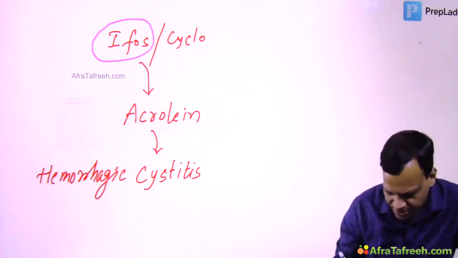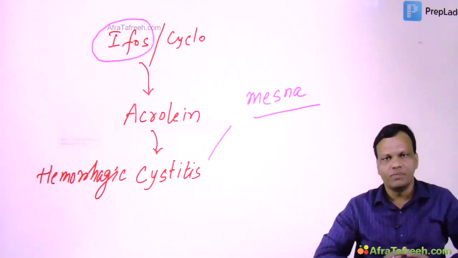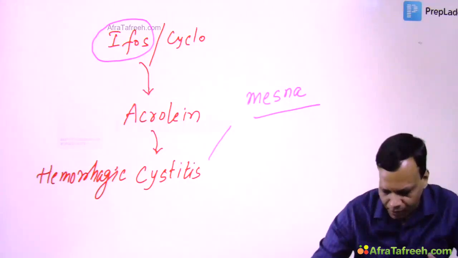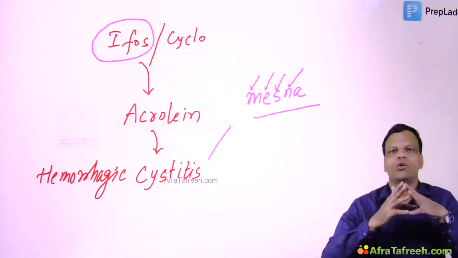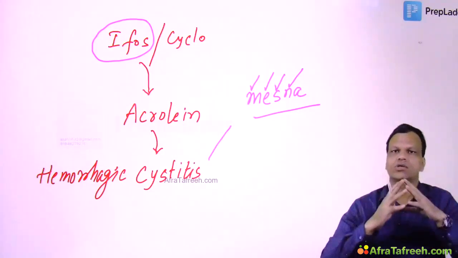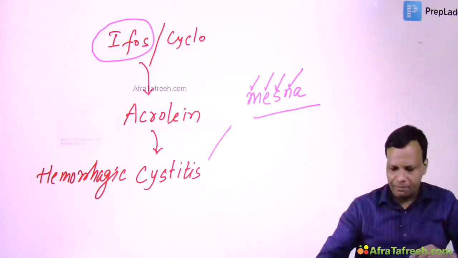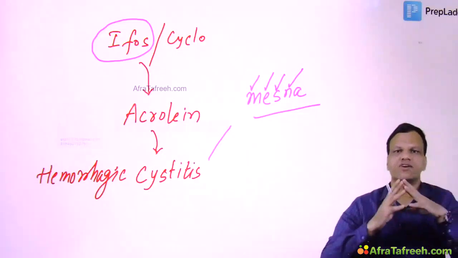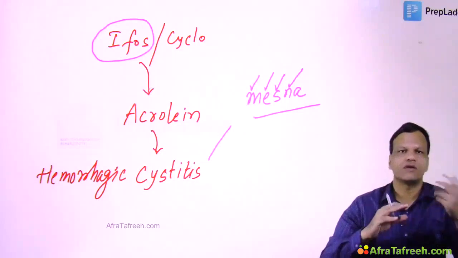It can be prevented by a substance called mesna. The full form is mercaptoethane sulfonic acid, also called mesna. It is used to prevent hemorrhagic cystitis. Mesna is always given with ifosfamide, but is combined with cyclophosphamide only when we give a high dose.